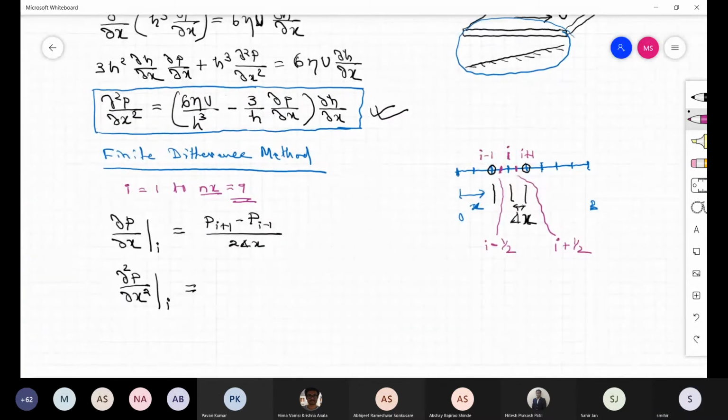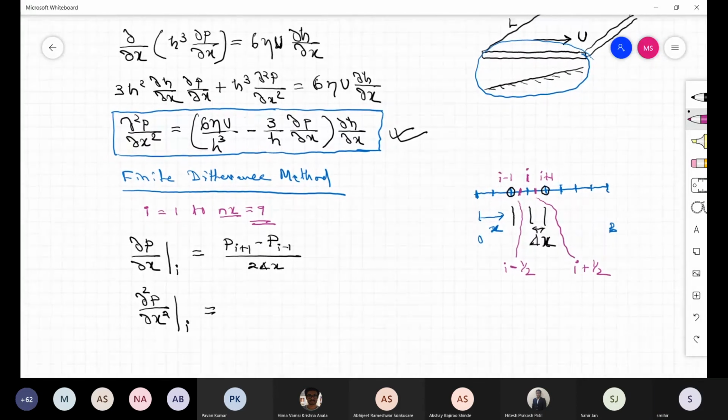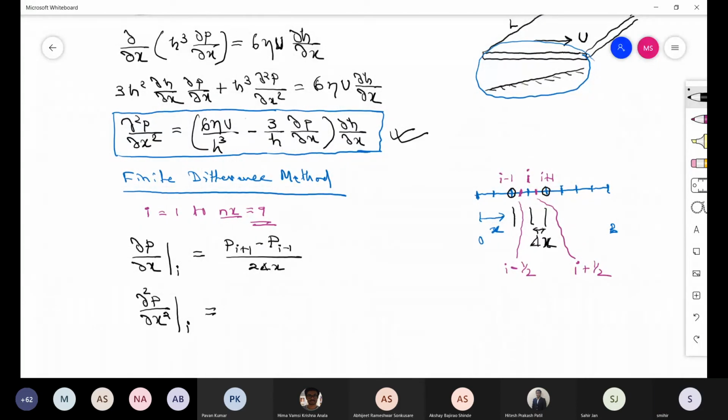Okay. Now what I'll do, so this is del p I. Suppose I know the differentiation at I plus half, then I can write del x minus del x. Suppose these two values are known, the differentiation with respect to x at I plus half and I minus half are known.